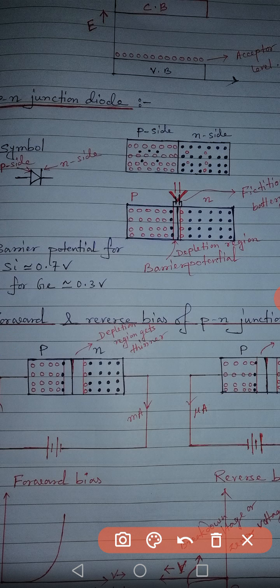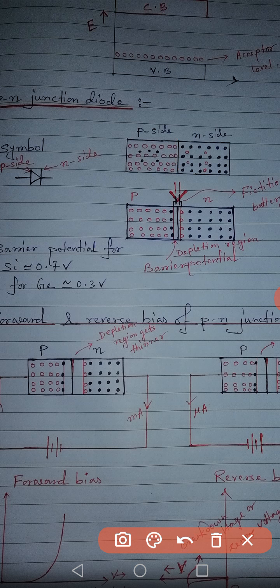On the n side the number of electrons is more, so that is the higher concentration region of electrons, and on the p side the number of electrons is very small, so that is the lower concentration region. So electrons move from the n side to the p side through this junction.